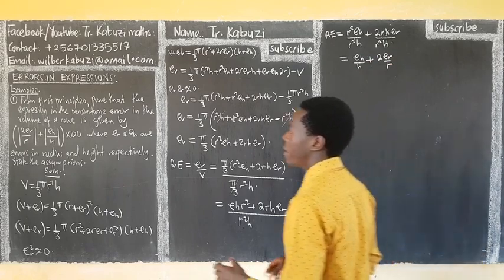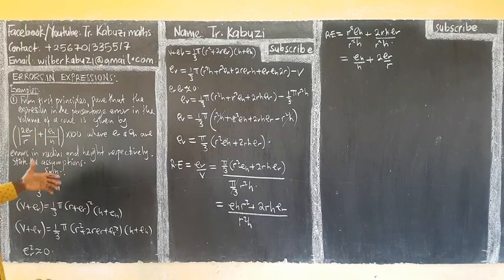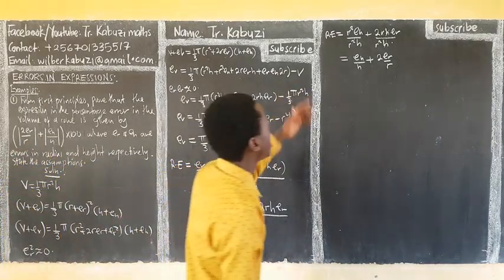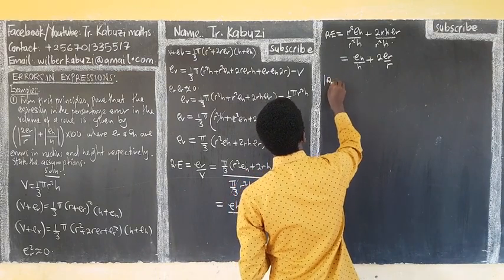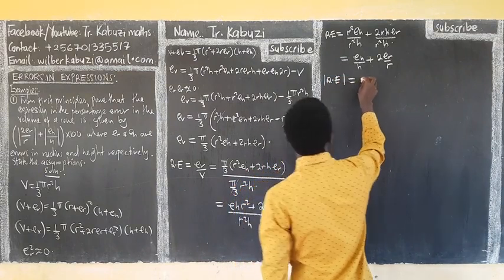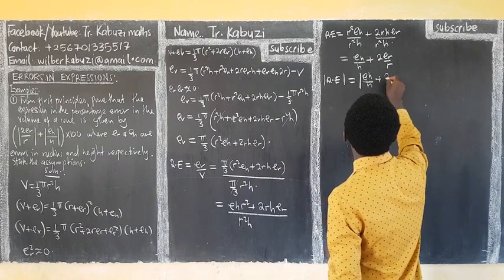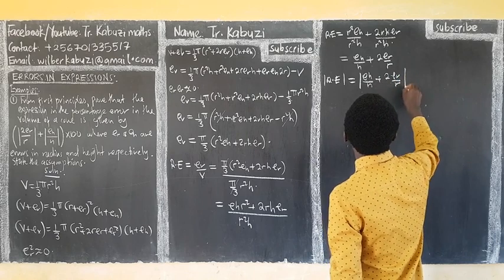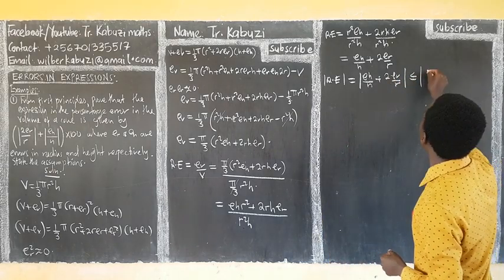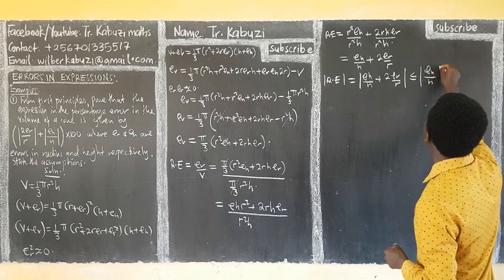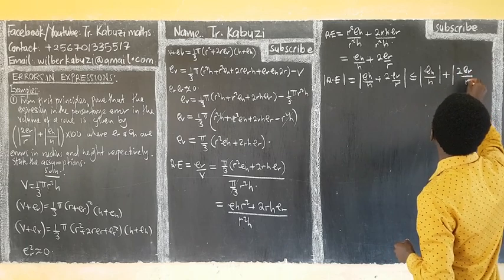So now, if they want me to get the maximum relative error using math, I introduce absolute signs inside our relative error. We say this is less than or equal to the modulus of eh over h plus 2 er over r.